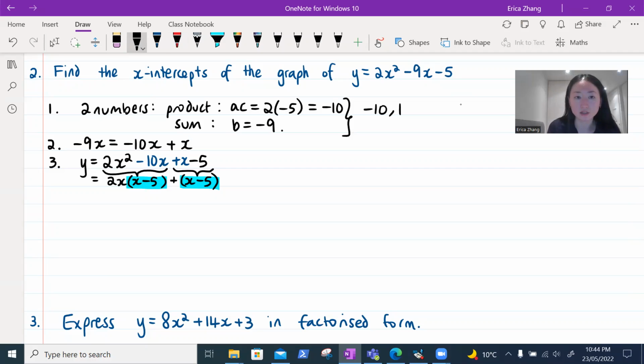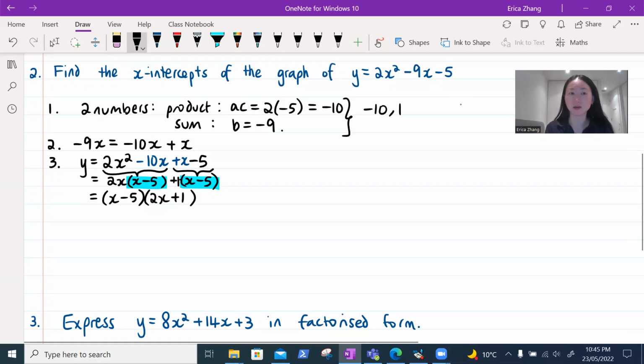So once again, this has an implied 1 in front of it. So factorizing out x minus 5, as it is now a common factor, we are left with 2x plus 1. Okay, so we've written our quadratic equation in this form.